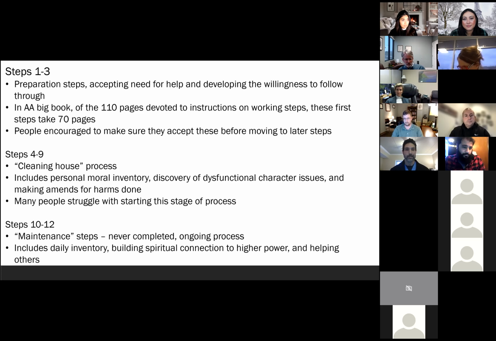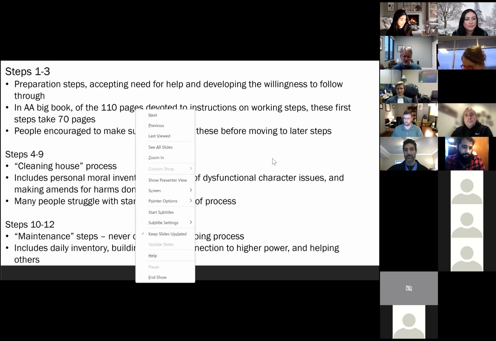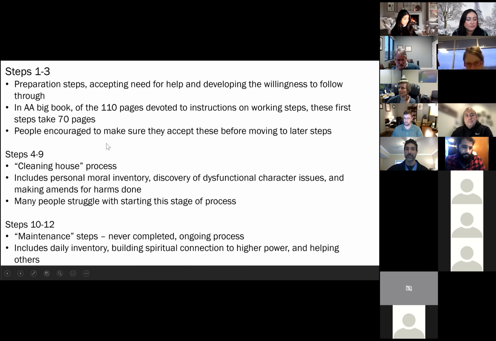Many people struggle with starting this stage of the process. People talk about how they're starting their 4th step, or they get hung up on doing their 4th step. People get hung up because that's the part where they actually have to start looking at themselves, and it requires an actual action commitment. So this could be a really tough spot for somebody, and people tend to get stuck here for a while.